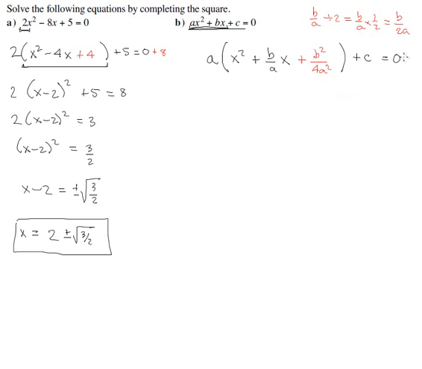And wonderful news, we have to add that on the right-hand side as well. On the right side, we don't just have b squared over 4a squared, we also have to multiply it by this coefficient out front, so it gets multiplied by another a. That's probably the worst step in this whole thing, so hang in there.